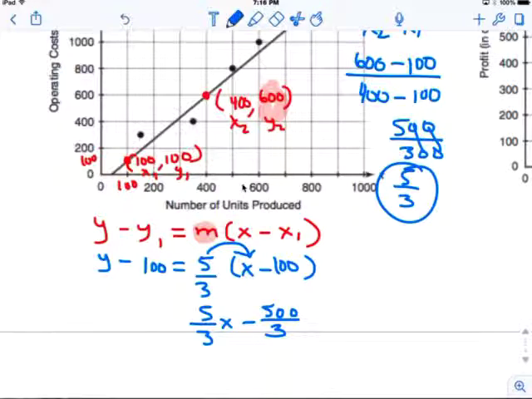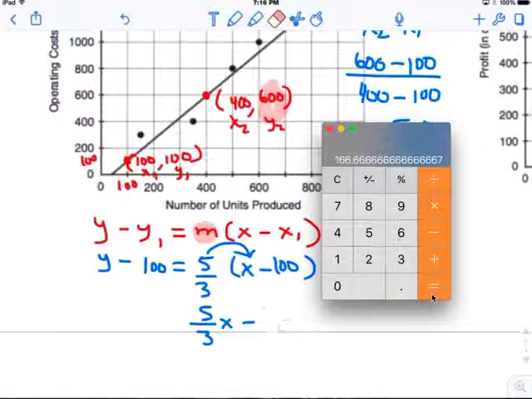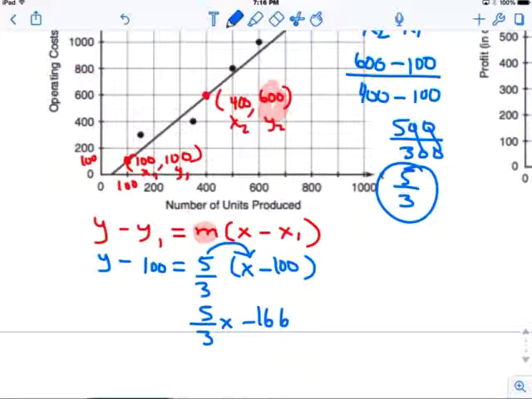Let me get a calculator. 500 divided by 3 equals some repeating number, 166.6 repeating. 0.6 repeating is 6 over 9, which is reduced to 2 over 3. So 2 over 3.